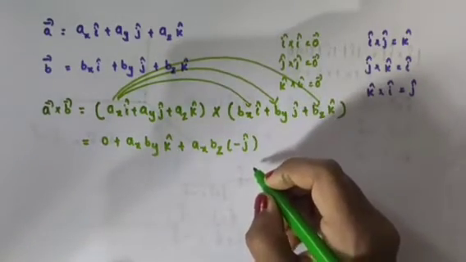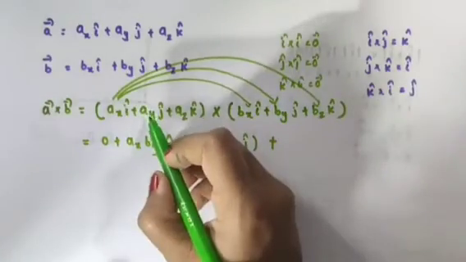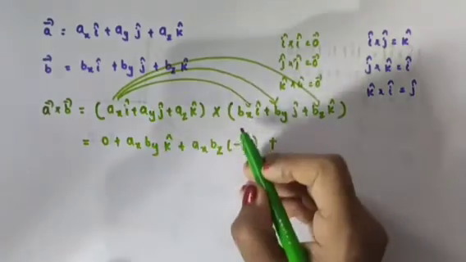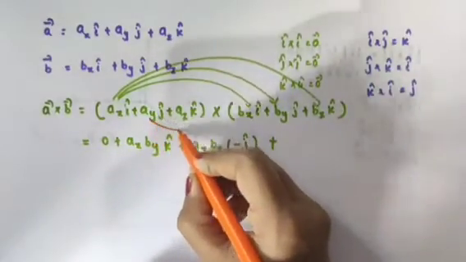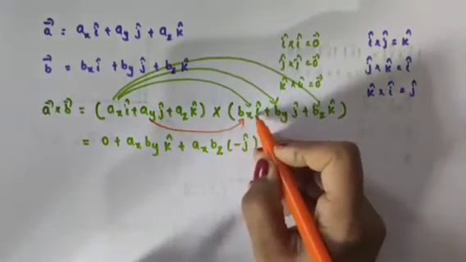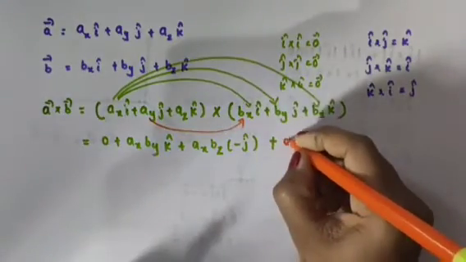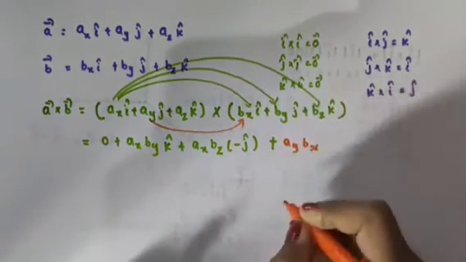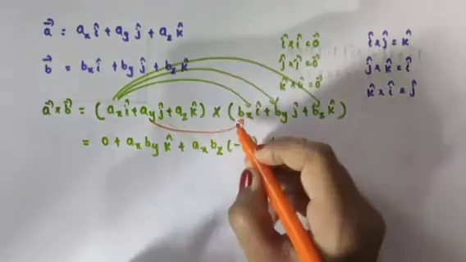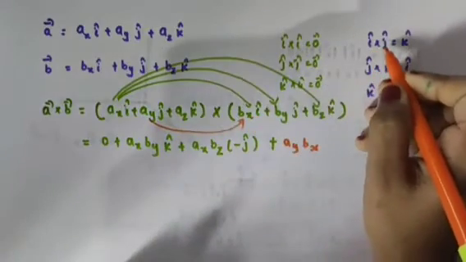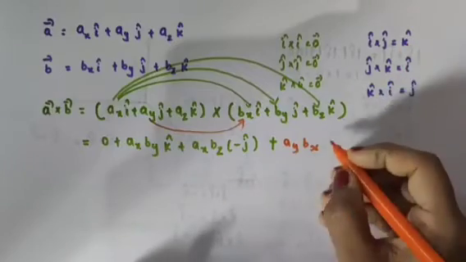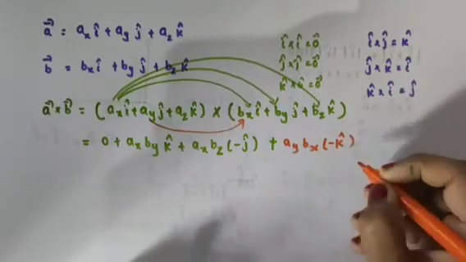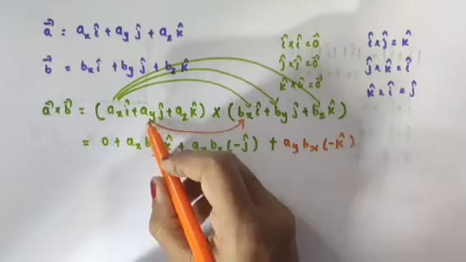Next, we go for the next multiplication, that is ay j cap into bx i cap. That is j cross i, and j cross i is the reverse of it, so it becomes minus k cap. Correct?